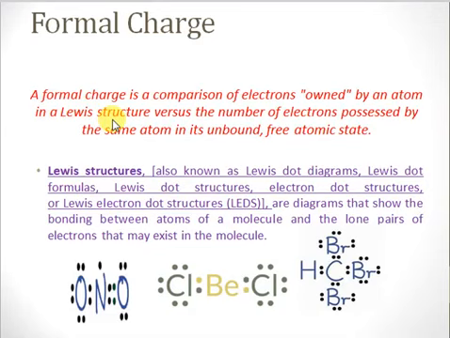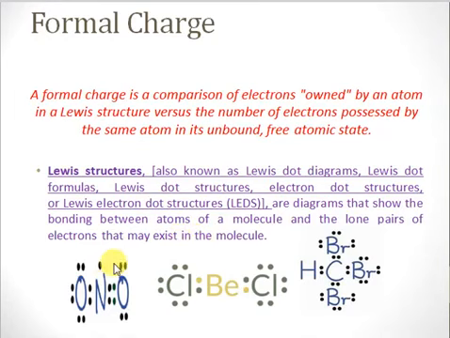Lewis structure is also known as Lewis dot diagrams, Lewis dot formula, Lewis dot structure, electron dot structure, Lewis electron dot structures, and some people simply write it as LEDS. These are diagrams that show the bonding between atoms of a molecule, and they also show the presence of electrons if they exist between the molecules.